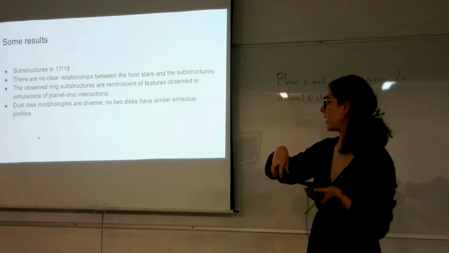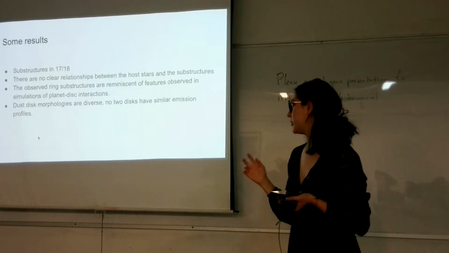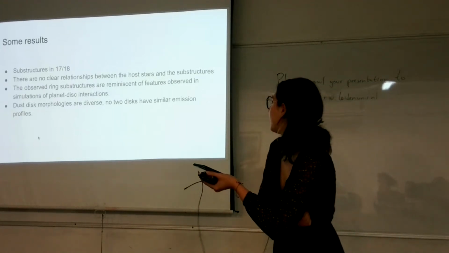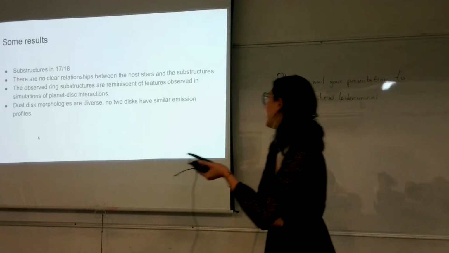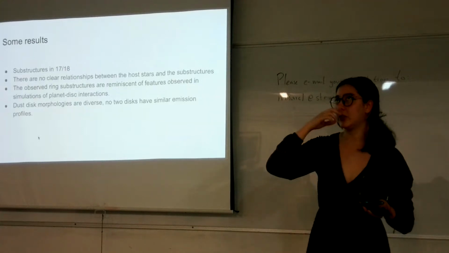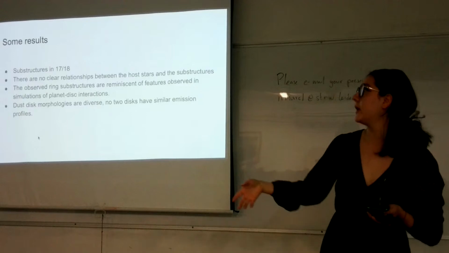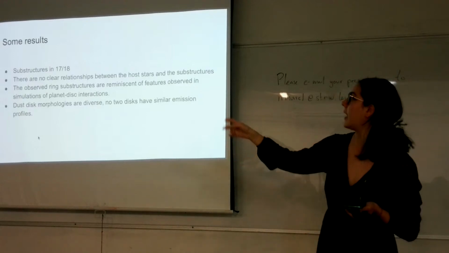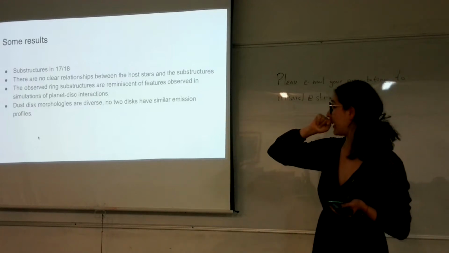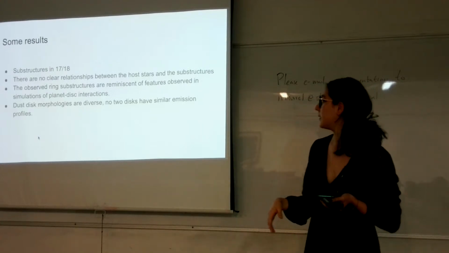And the observed substructures are reminiscent of features observed in simulations of planet-disk interaction. That is interesting because he tried to compare the simulations that are already done with the observations and analysis using ALMA.